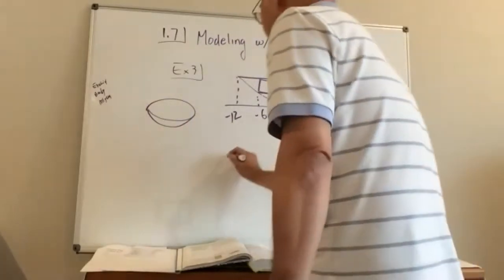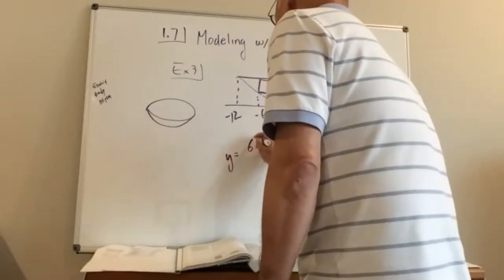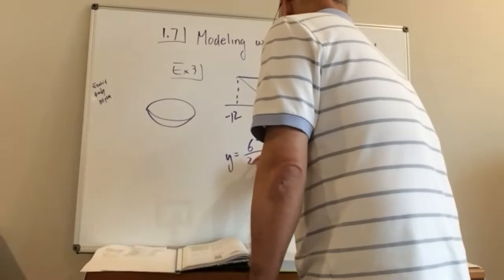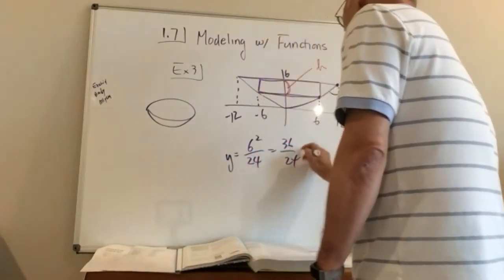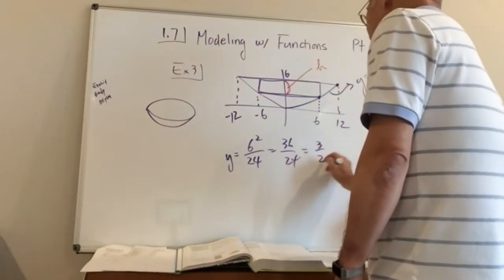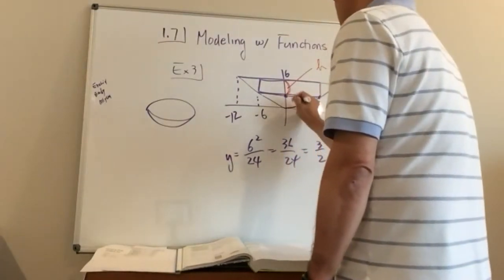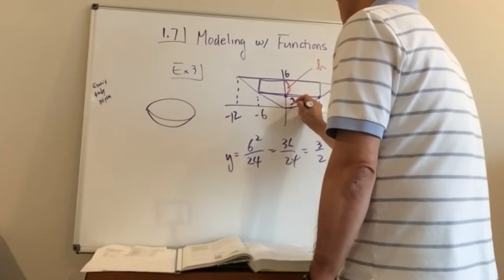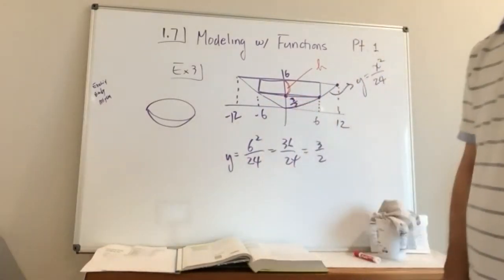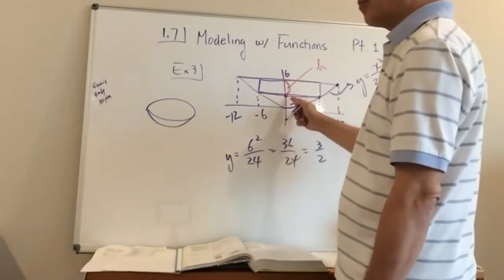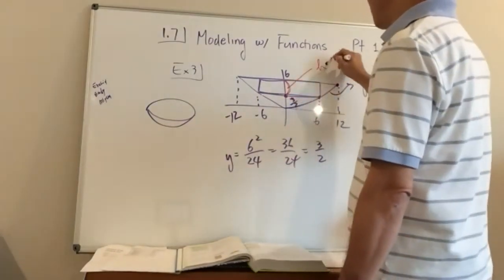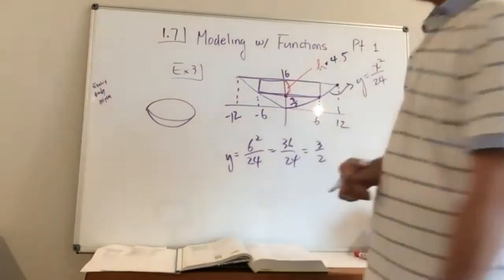So y is going to be equal to 6 squared over 24, which is 36 over 24, which is 3 over 2. So this guy here is 3 over 2, 1.5. So the height is going to be 6 minus 1.5. So the height is going to be equal to 4.5.